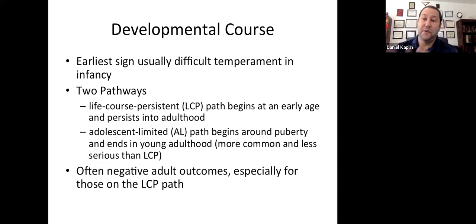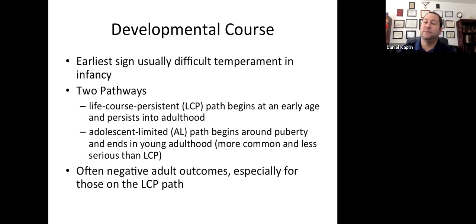And then some people with conduct disorder never transition to antisocial personality disorder. So we do see another pathway, which we refer to as an adolescent limited path, where these deviations start right around puberty and it ends in young adulthood. So it's contained between, I'm throwing out numbers, roughly 12, 13 to about 25, and then it's figured out.